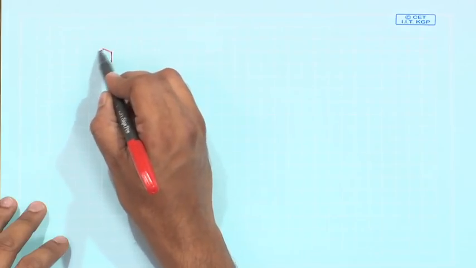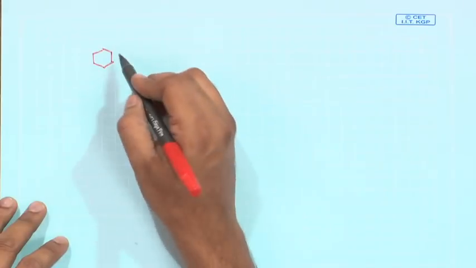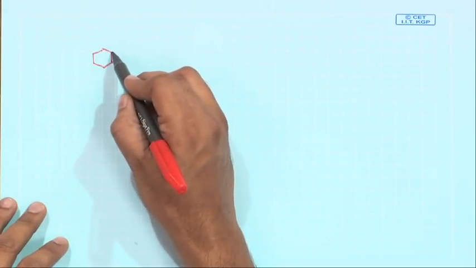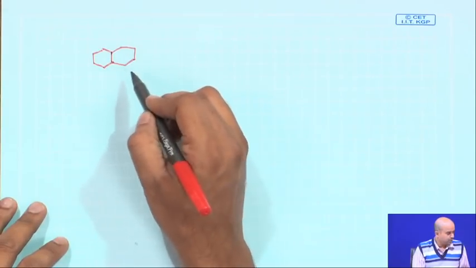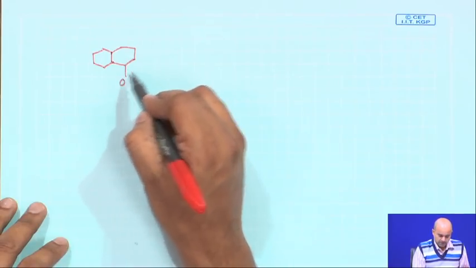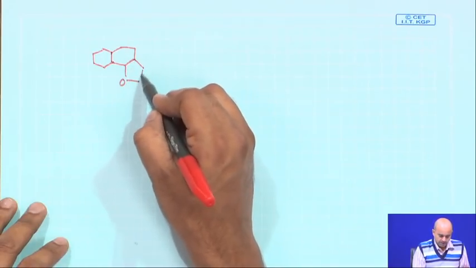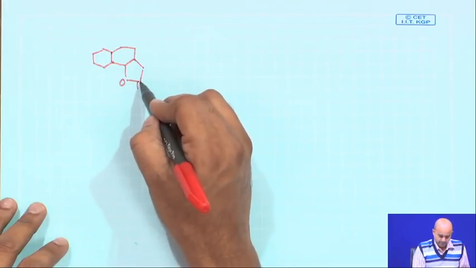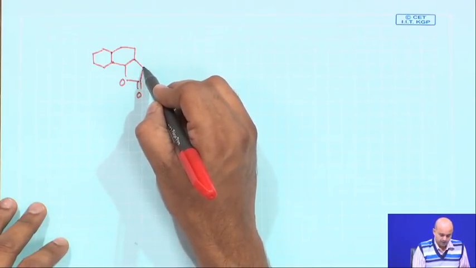In the next couple of problems we have a similar kind of scenario, but what I will try to do, I will ask your opinion on how these functional group transformations can be effectively carried out, and what you think about the entire pathway.